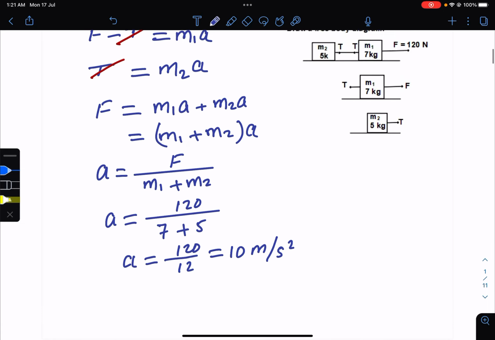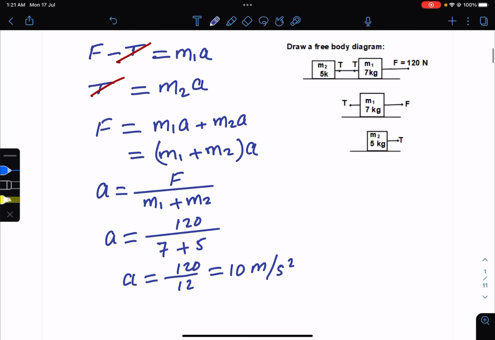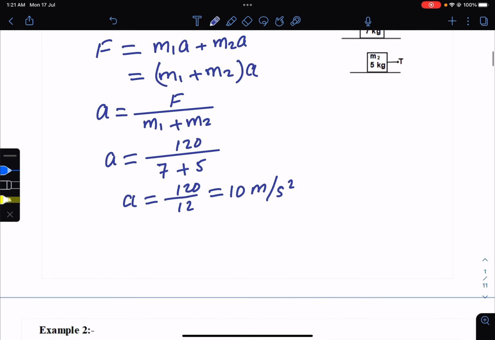And now we can find the tension in the rope, where T equals M2A and equals 5 times 10, which means T equals 50 Newton.